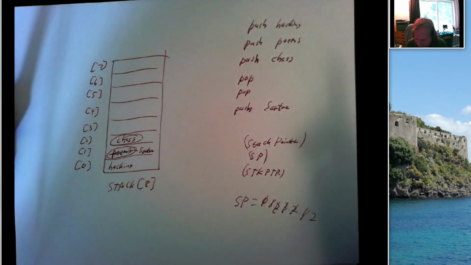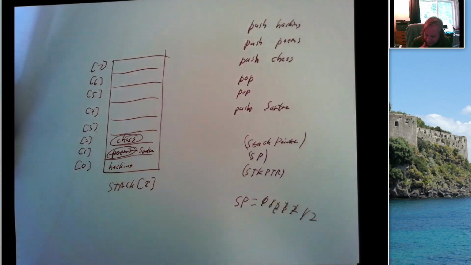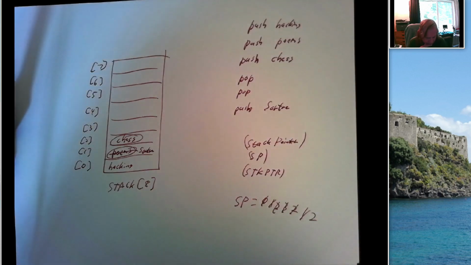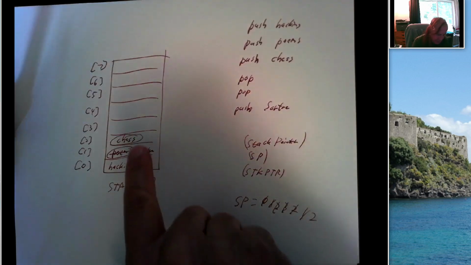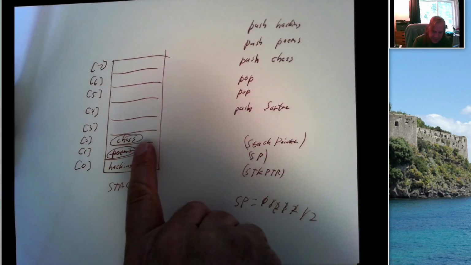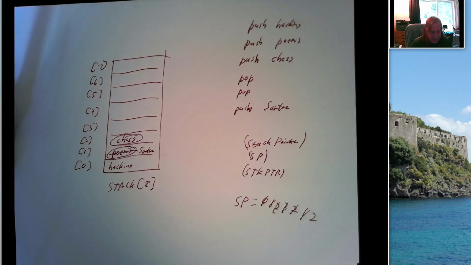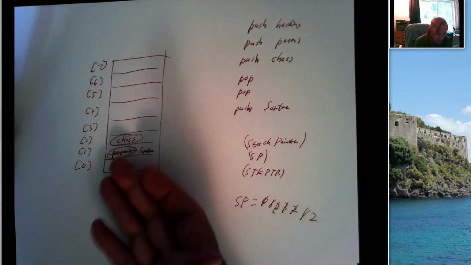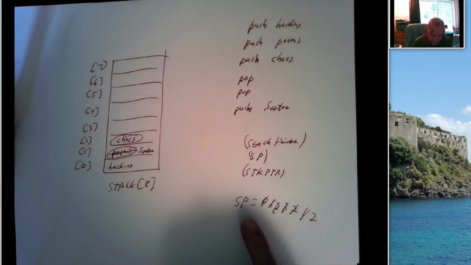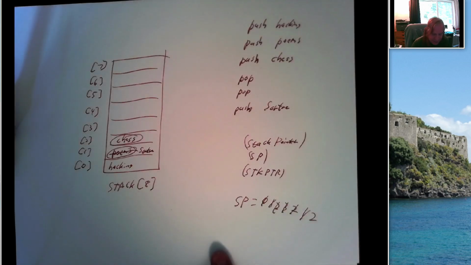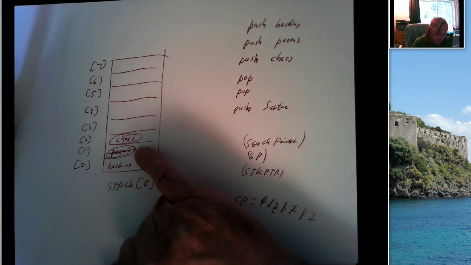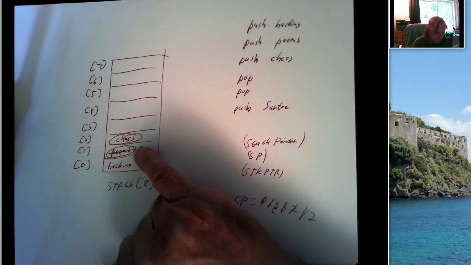And a couple of things to note here. The first thing is, when I popped off my book of chess moves, I didn't actually remove it from memory, did I? It's still sitting in this array, but what I did was I subtracted 1 from the stack pointer so that the next time I said pop, it gave me this book of poems.